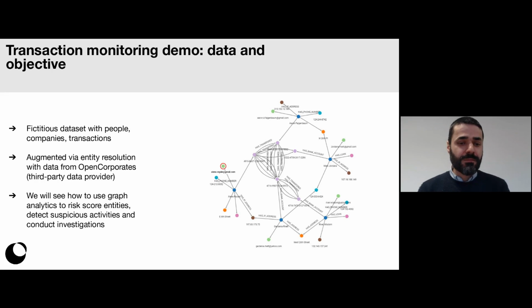It's been augmented via entity resolution with third-party data from OpenCorporates. And together, during the next few slides and then with the demo, we will see how to use graph analytics to risk score entities, to detect suspicious activities, and to conduct investigations. So let's get started.